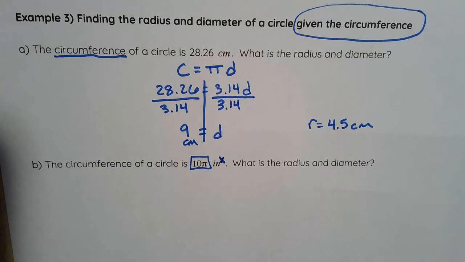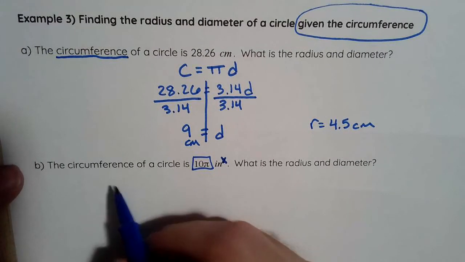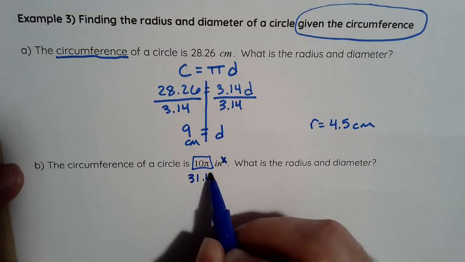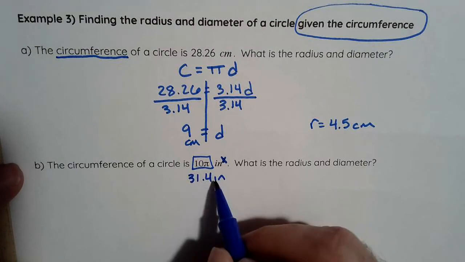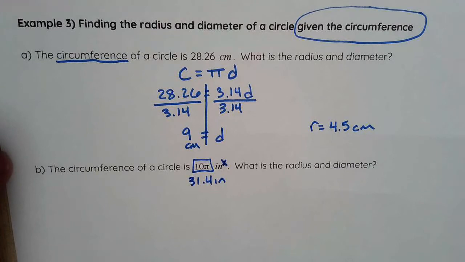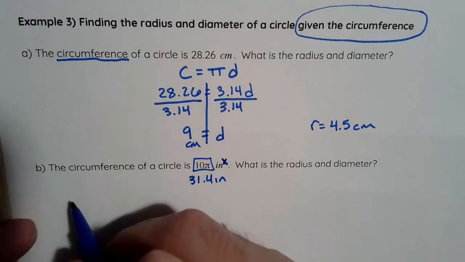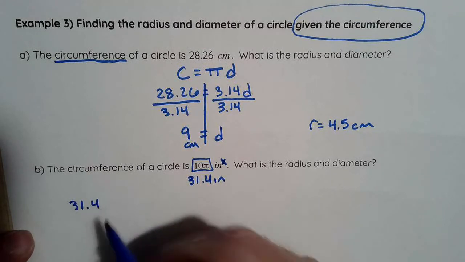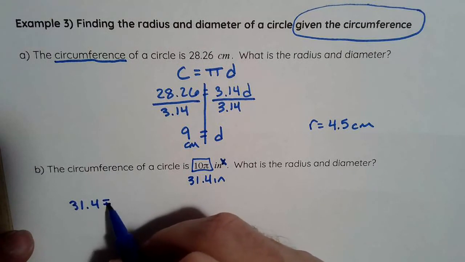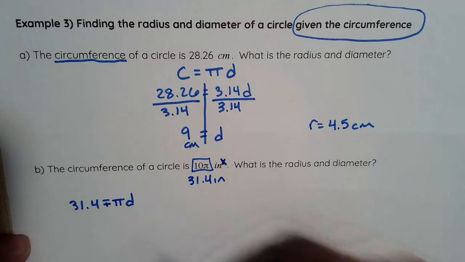What we can do is multiply 10 times pi. 10 times pi is actually 31.4, so this is equal to 31.4 inches. I can go ahead and use that value: 31.4 equals pi times diameter.